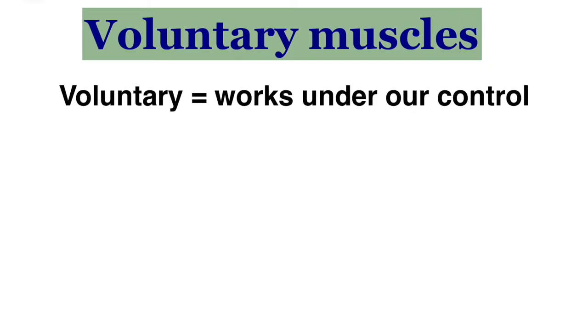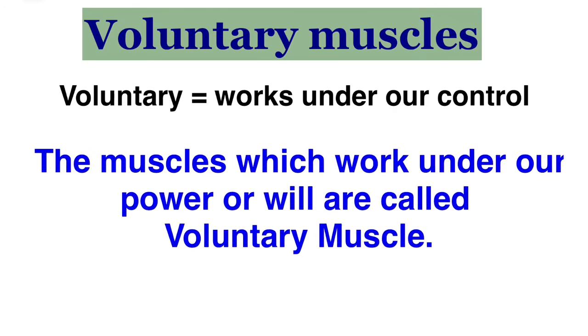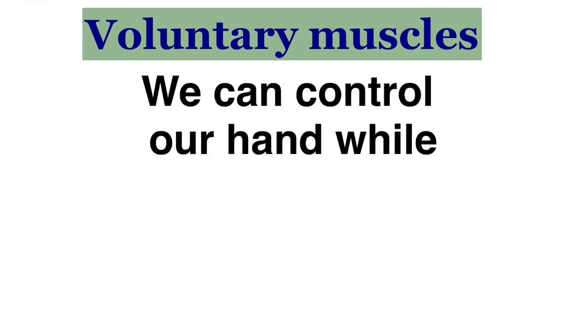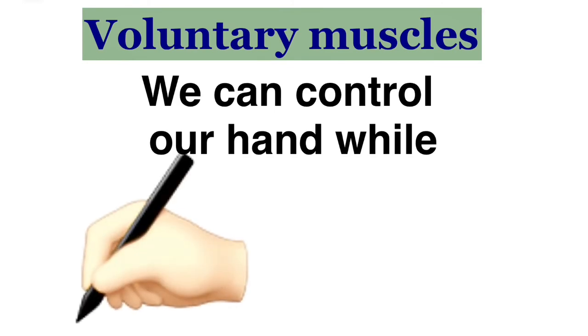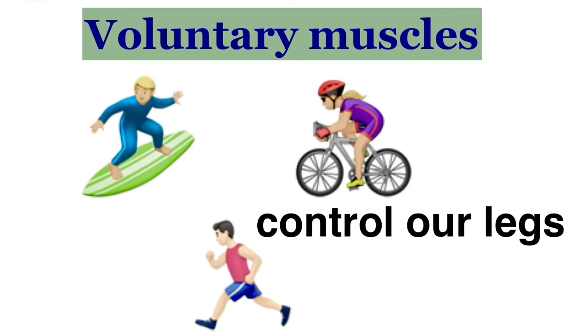Let's first see what are voluntary muscles. Voluntary means which works under our control, under our power. The muscles which function under our control or will are called voluntary muscles. Like we can control our hand while we write and play. We can control our leg while playing, jumping and running.